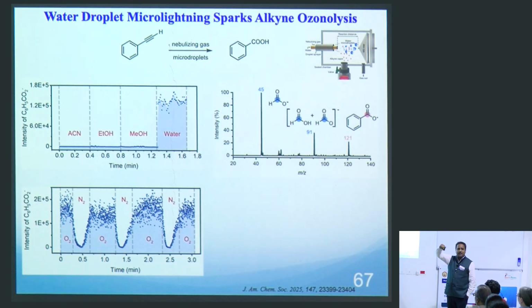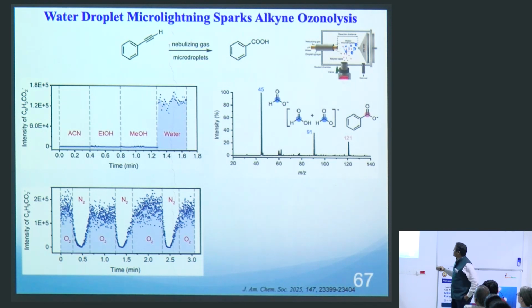Once oxygen enters the system, the sprayer immediately shows formation of benzoic acid. That's what we clearly observed. We were switching on and off, passing nitrogen sometimes and oxygen sometimes. So we see that the oxygen goes into ozone, with formation of oxygen radical, which generates the ozone under the lightning effect.